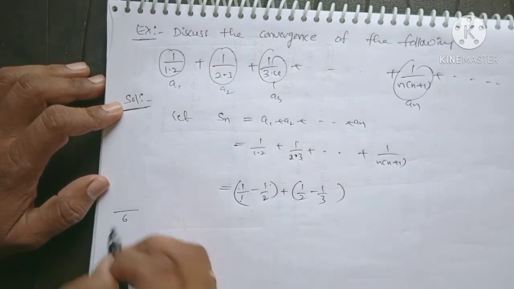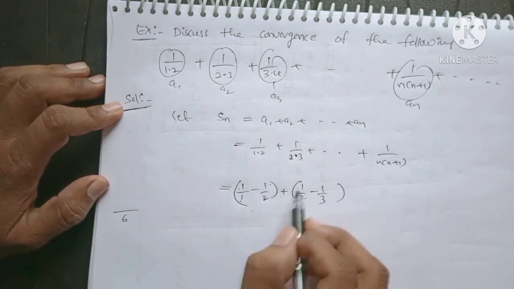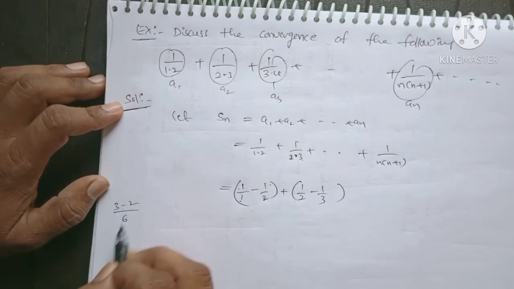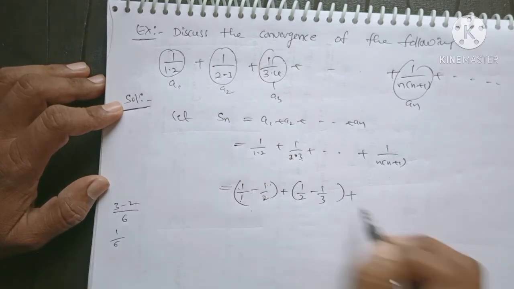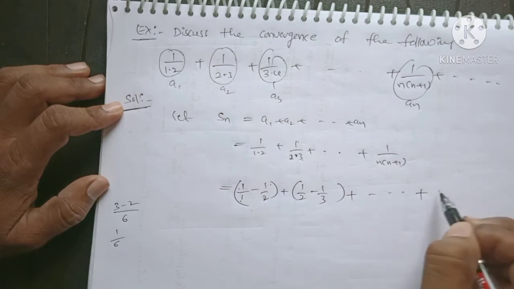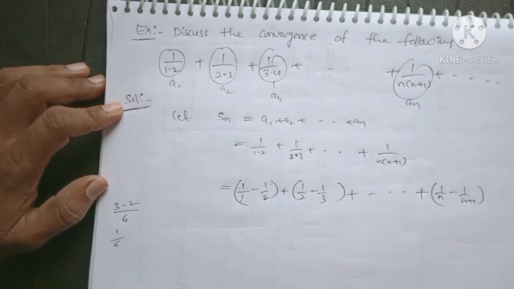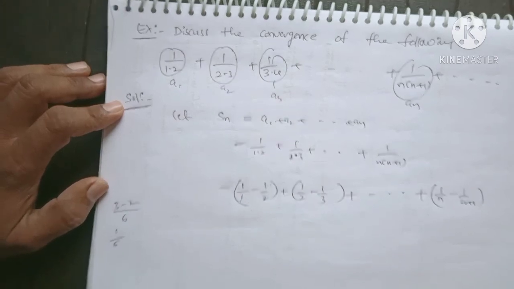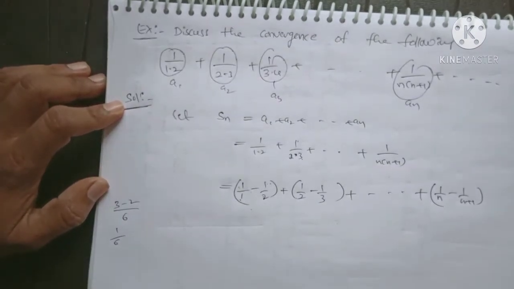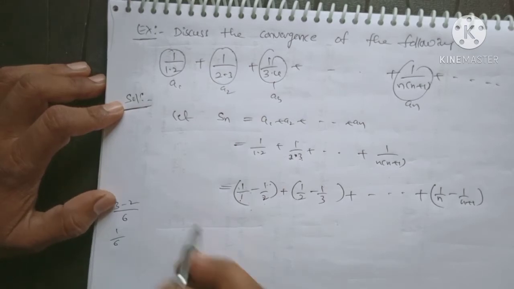Look here, LCM is 6, 3 minus 2 means 1 by 6. Yes, balanced. And so on. Lastly, 1 by n into (n plus 1) can be written as 1 by n minus 1 by (n plus 1).